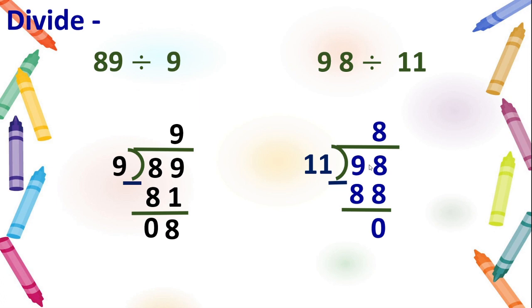And here 9 minus 8 is equal to 1. Very good. So 10 is the remainder, 8 is the quotient, 98 is the dividend, and 11 is nothing but the divisor. Right?